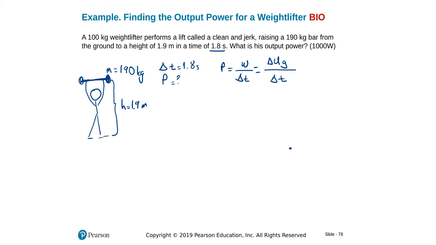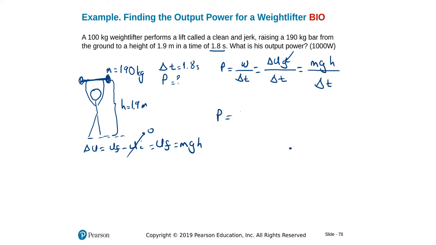Potential energy while the weight is on the ground is 0, so when it gets up there, change in potential energy simply will be equal to U final minus U initial, right? This is 0, so simply U final, that's mgh. So we'll insert that in here. Power will be mgh divided by delta t, and that's it.